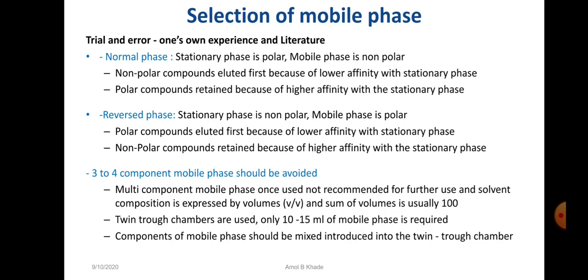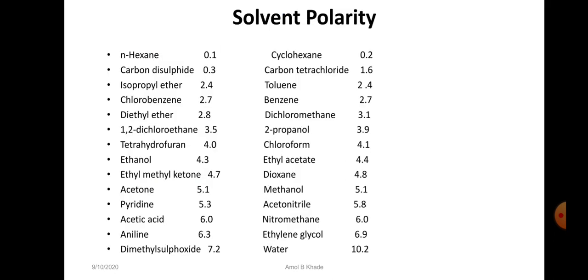And as we discussed, we usually discourage the use of three or more solvents in the preparation of mobile phase. Now these are the different solvents with their polarity index, starting with 0.1 to 10.2. So here the polarity index represents the polarity of the solvent.